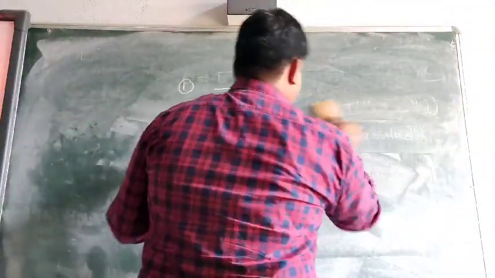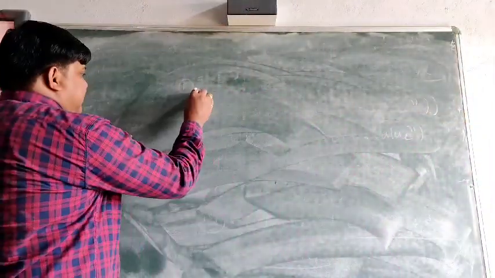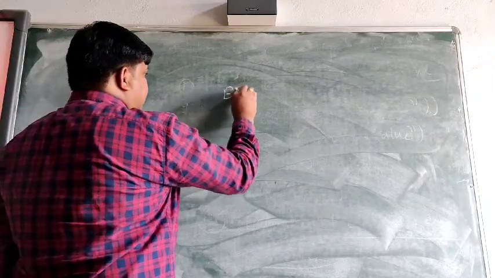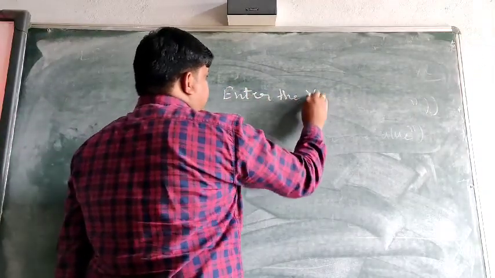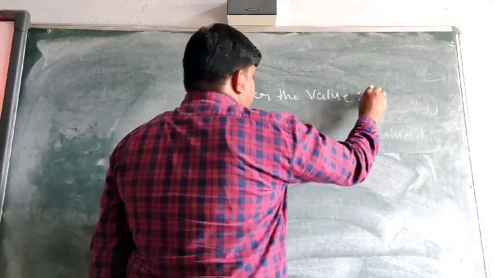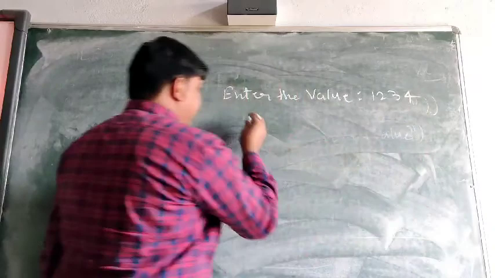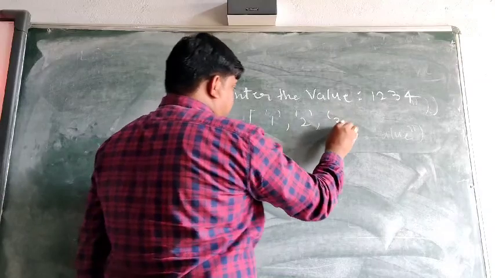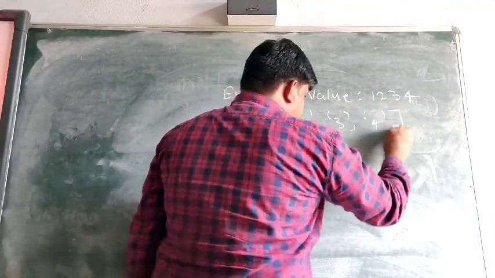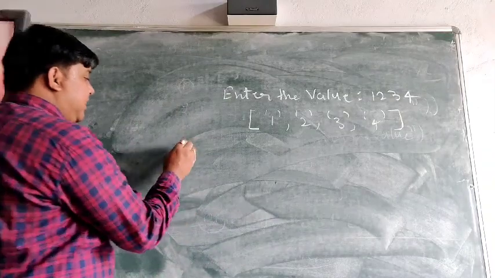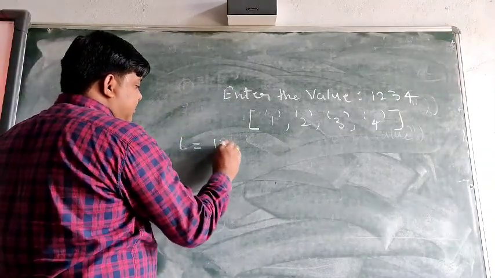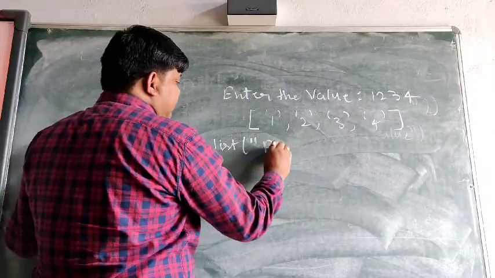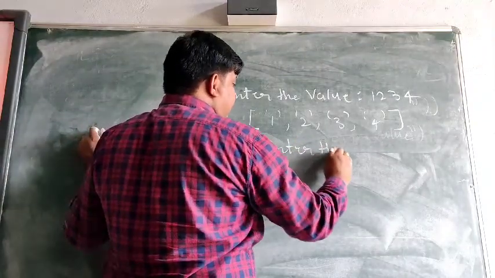Another one, I want to get the value of the list. The user may give here, enter the value, 1, 2, 3, 4, and it will create the list like that, with all values in single quotes separated. So here I have to do L is equal to list, input, enter the value.